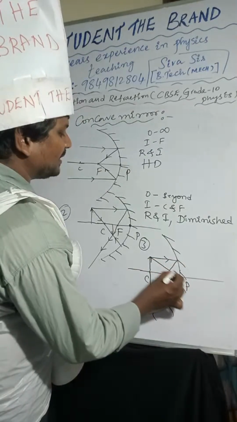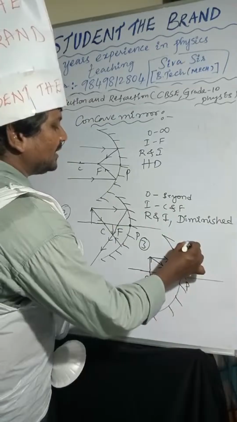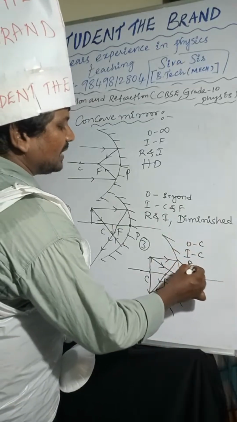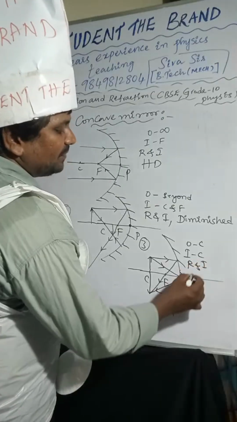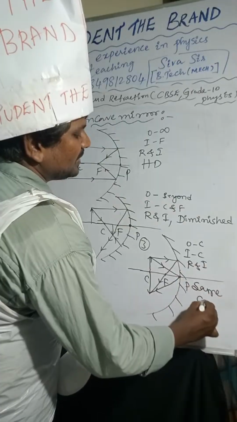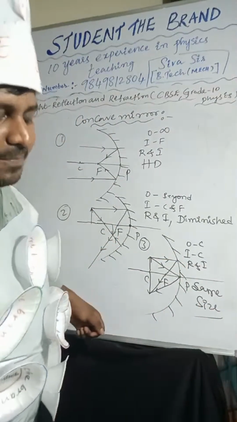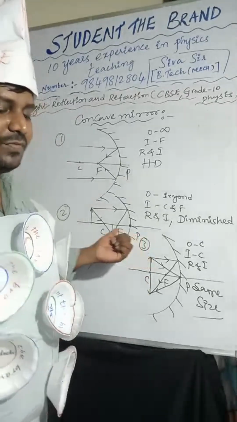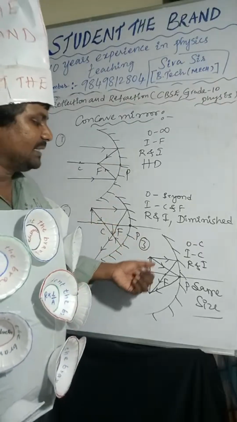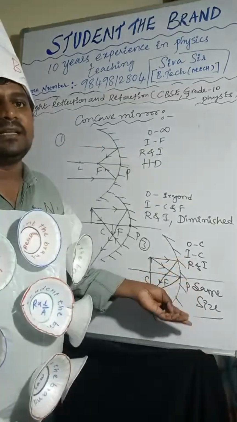Another light will meet at pole, so it reflects back and meets at C. So object at C, image also will form at C. Nature of the image is real and inverted, and size of the image is same size.